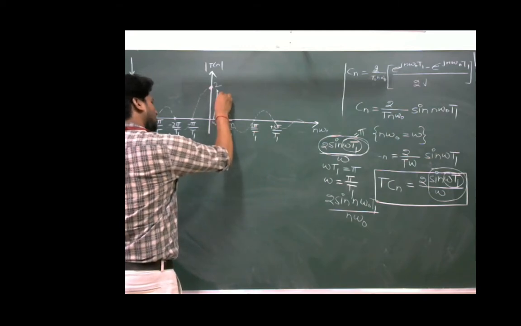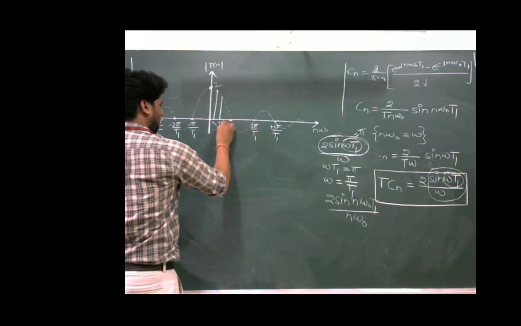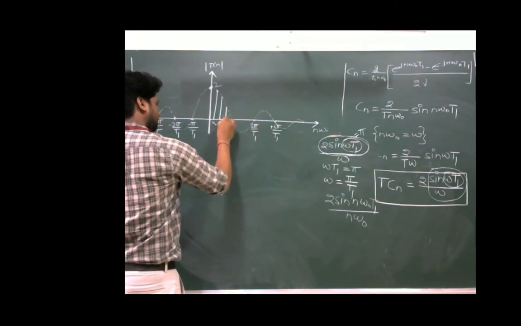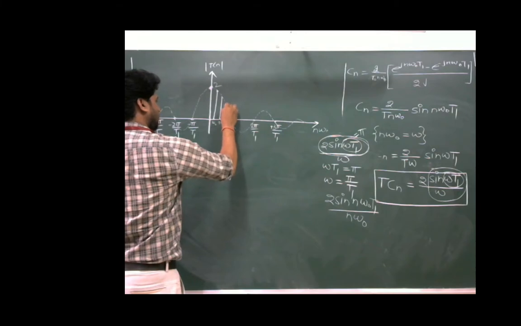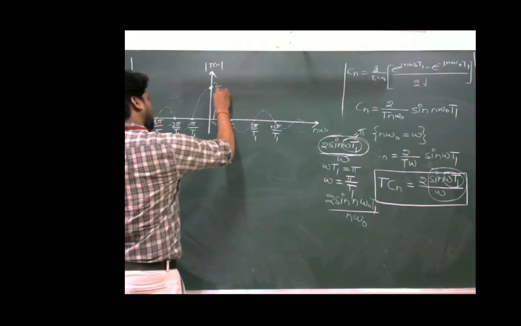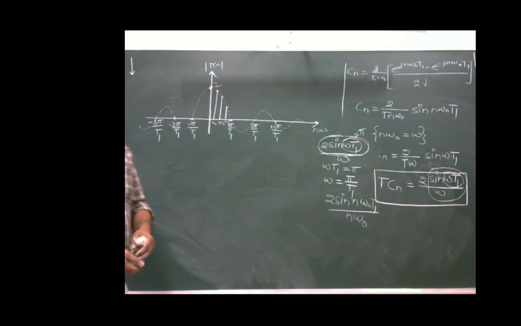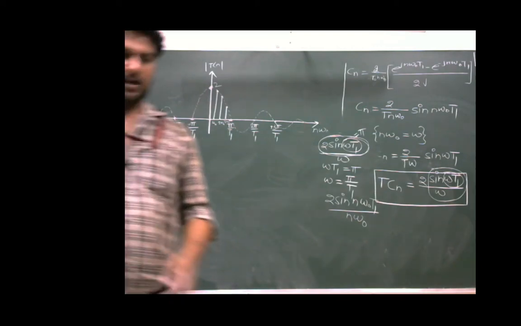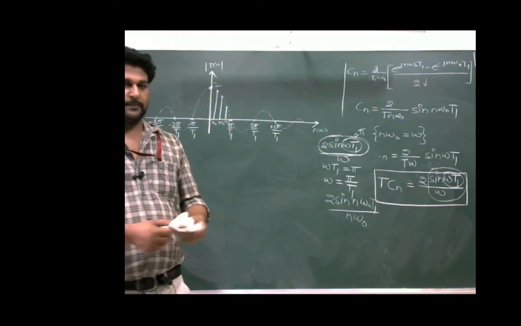Again at n equal to 2, this becomes 2 omega naught. At n equal to 3, this becomes 3 omega naught. This is how the magnitude spectrum of Cn will look.